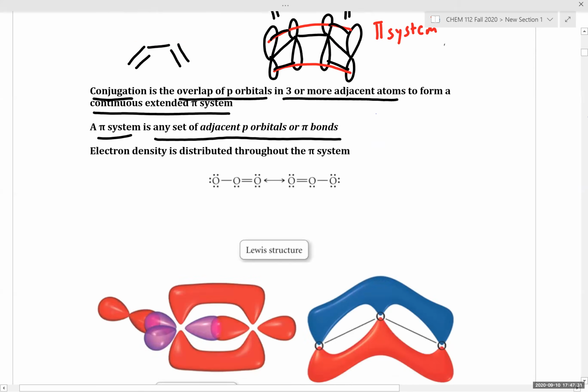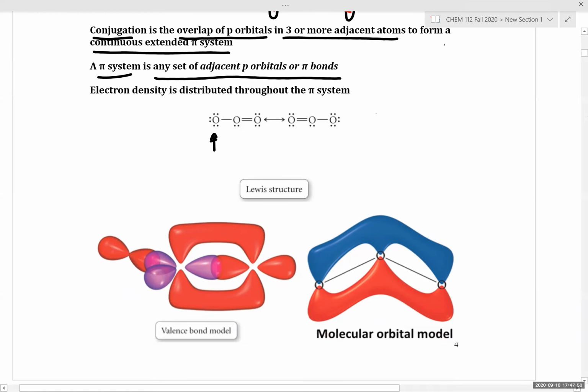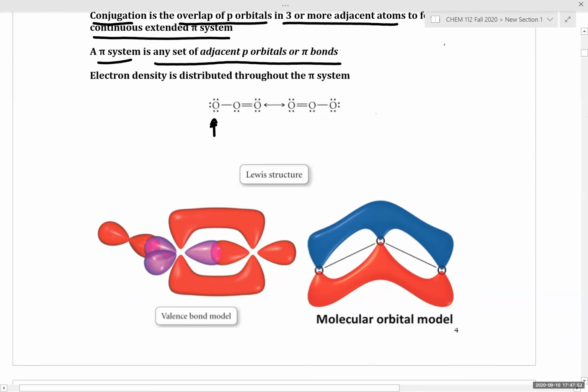Now, we can distribute our electron density throughout pi systems, not just involving double and triple bonds. We can also distribute electron density found in lone pairs. To understand how this works, first we need to take a look at our valence bond model. So ozone looks something like this.